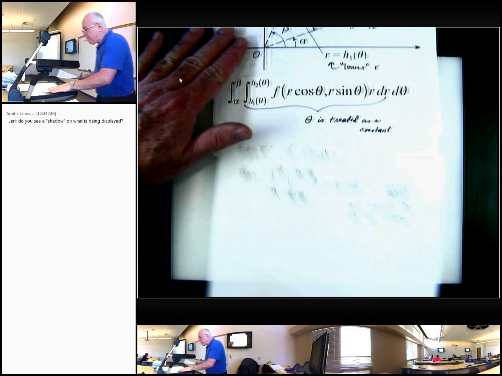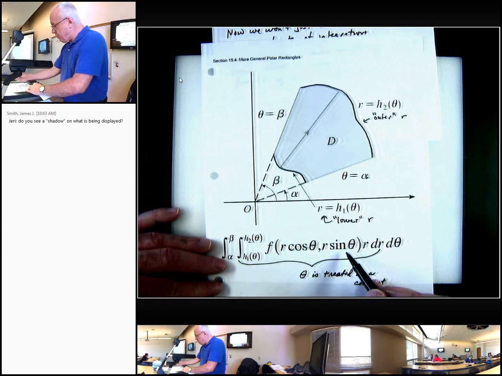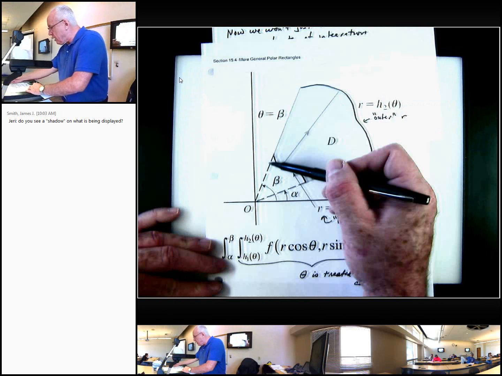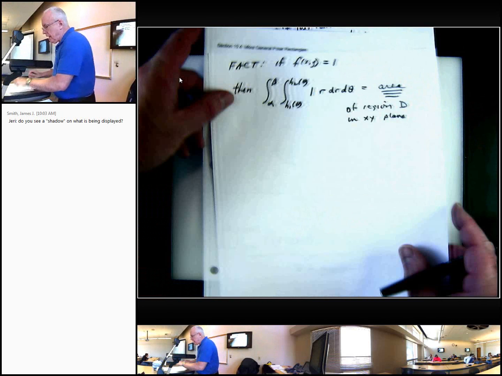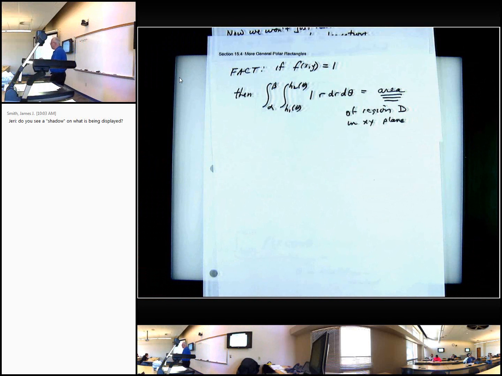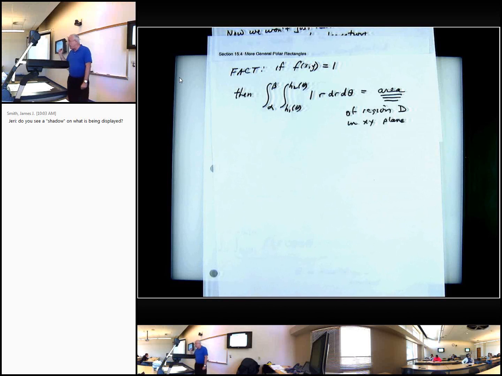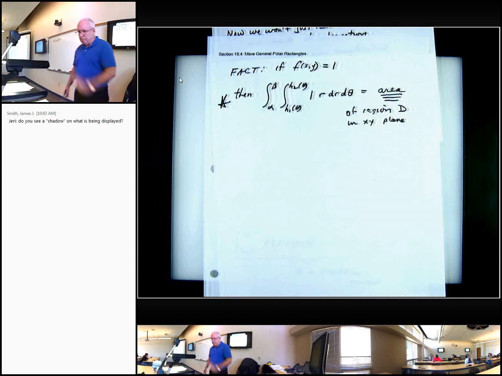So back to here, if I put a 1 in here for our f, and then integrate, what I obtain is the area of this gray region, right? And that's what we're going to be doing in our next problem. You'll also have a homework problem wanting you to calculate area. So when you're calculating area with this, you're going to be using this formula for the area. Maybe I should put a little asterisk by this, okay?